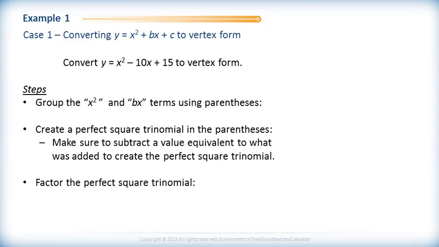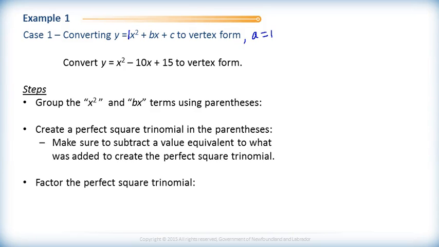Now, how can we use that to create a quadratic function in vertex form if we're given the standard form? Well, there are two basic types of cases to consider. Case 1: if you've got just y equals x squared plus bx plus c, the a value is 1. So it's really a 1x squared right there.